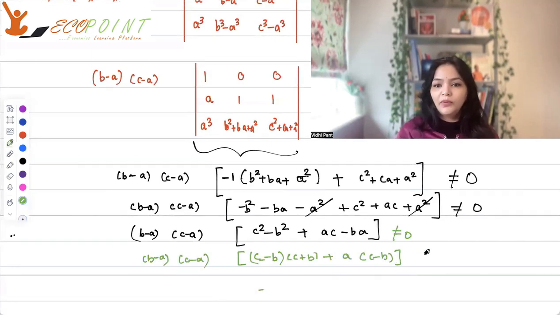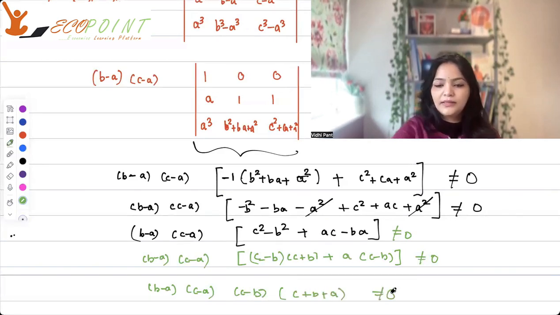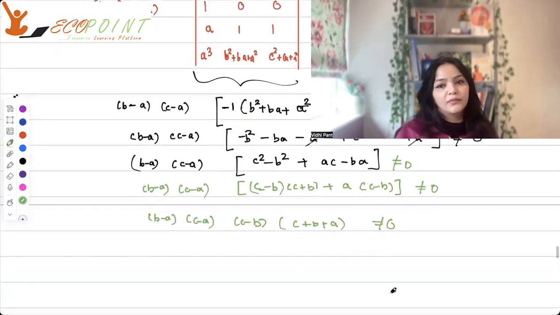So ये product भी 0 नहीं होना चाहिए, मतलब (b minus a)(c minus a)(c minus b) also comes out common, and then what are we left with? c plus b plus a. So all these factors actually should not be equal to 0, because the moment any one of them is 0, तो ये पूरा product 0 हो जाएगा.